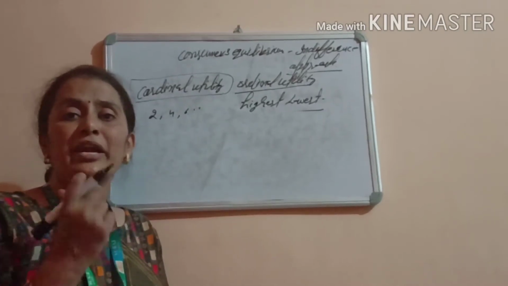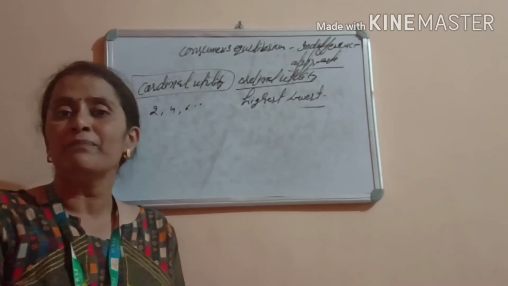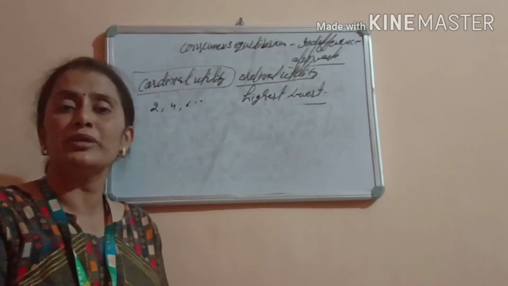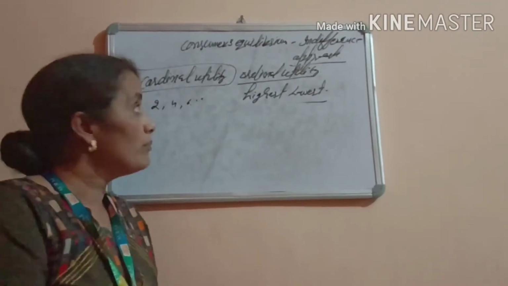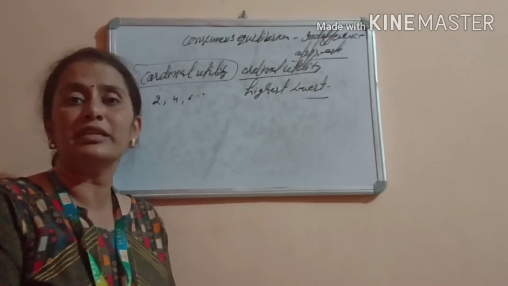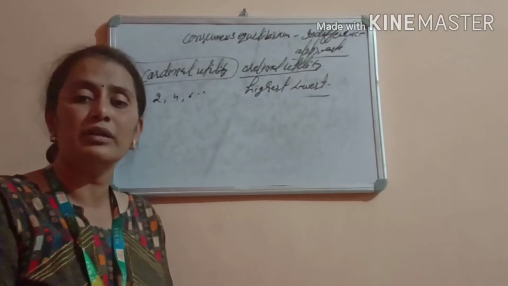So these are the main differences between the indifference approach and utility approach. In the utility approach we can measure the utility in terms of numbers, but in the indifference approach we can measure the utility in terms of rank, not in terms of numbers.